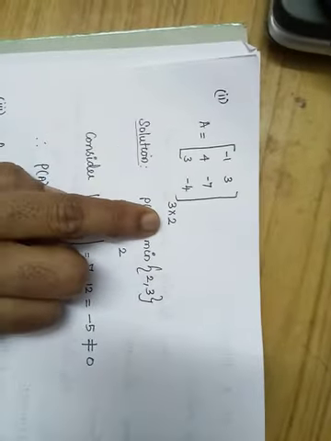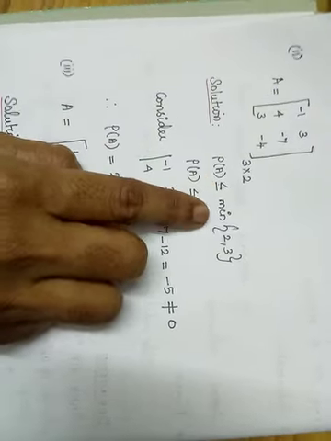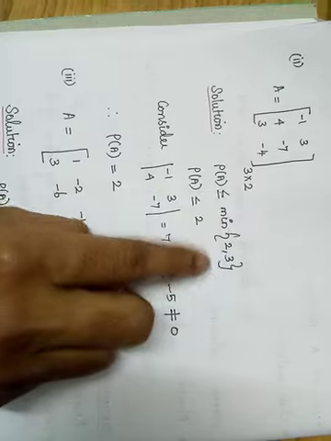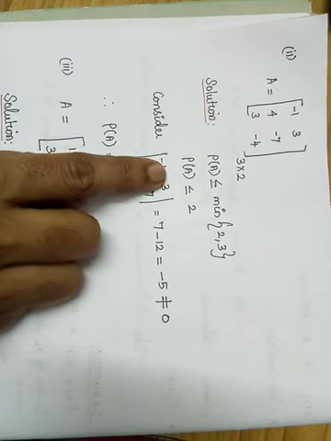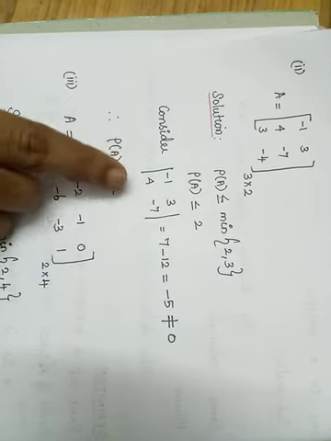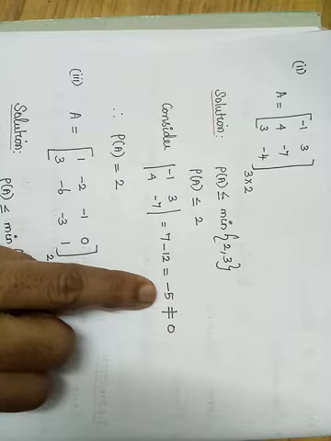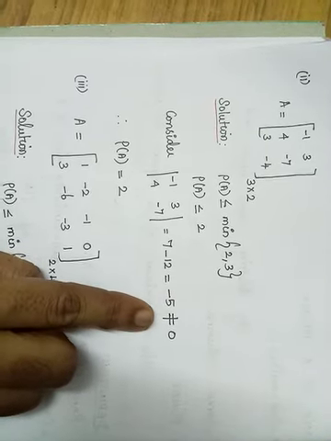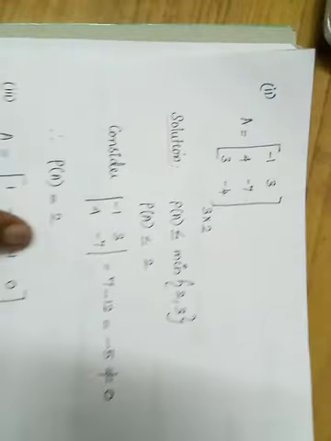So the next one, the second subdivision, is a 3 cross 2 matrix. According to the property, row of A less than or equal to minimum of 2 comma 3. The minimum of 2 comma 3 is 2. So the rank of the matrix may be 2 or 1. I will consider the 2 by 2 minor, whose value is minus 5, which is not equal to 0. So it is a non-vanishing minor. So we conclude that the rank of A is equal to 2.